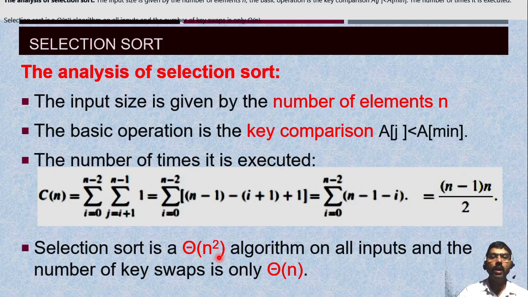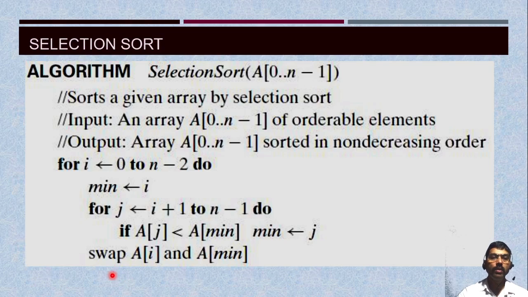Now if I want to compare how many times the swapping is done, it is indicated by theta n. In one pass, only one swapping will be done. It will scan all the elements and find the minimum.